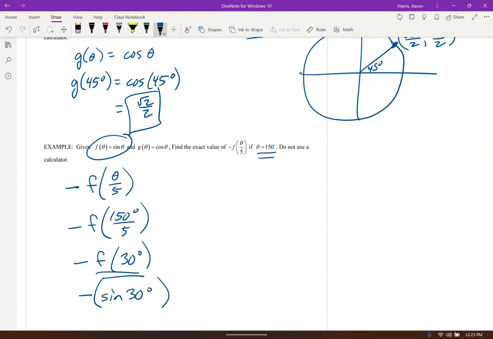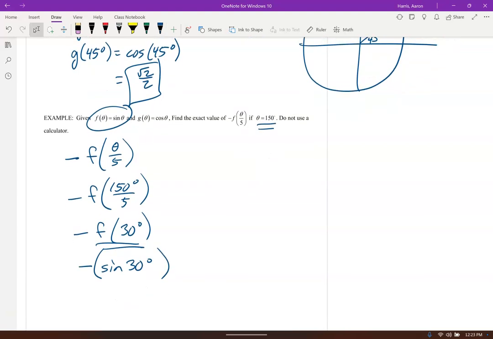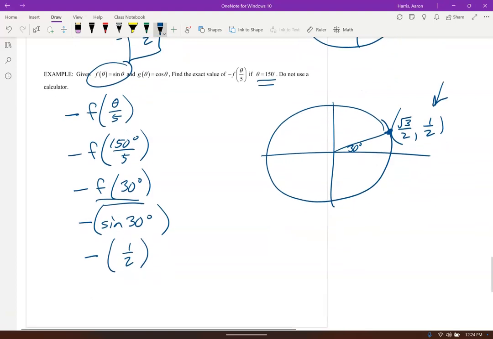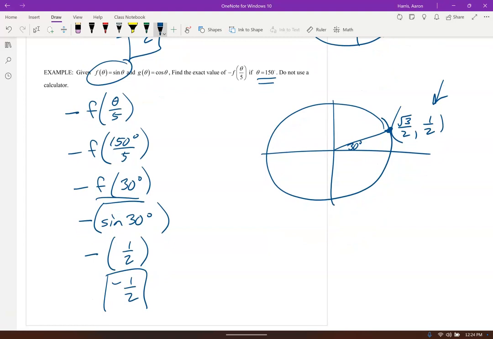Here's the f of 30 in parentheses, sine of 30 degrees. So now I'm looking on my unit circle. I rotate 30 degrees, and I get this point on my unit circle. Sine of 30 degrees is what? The y value. The negative stays in front because it's negative f of 30 degrees. Negative sine of 30 degrees is the y value. So this just ends up being negative a half.